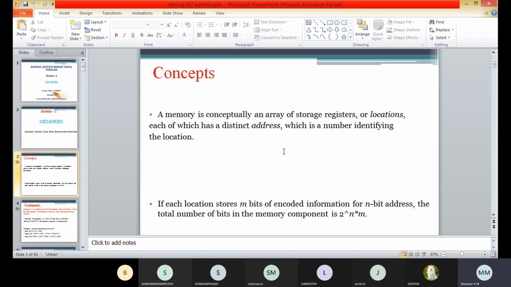That is, kilo, K, is equal to 2 power 10, that is 1024, and mega, which we indicate by M, is 2 power 20, that is 1024 into 2 power 10, that is 1048576, and giga, which you identify as G, is 2 power 30, that is 1024 into 2 power 20, that is 1073741824.